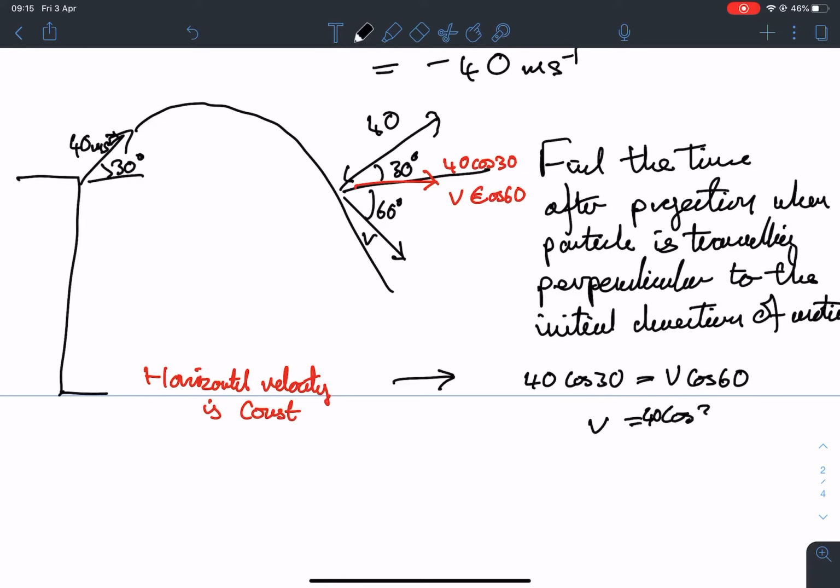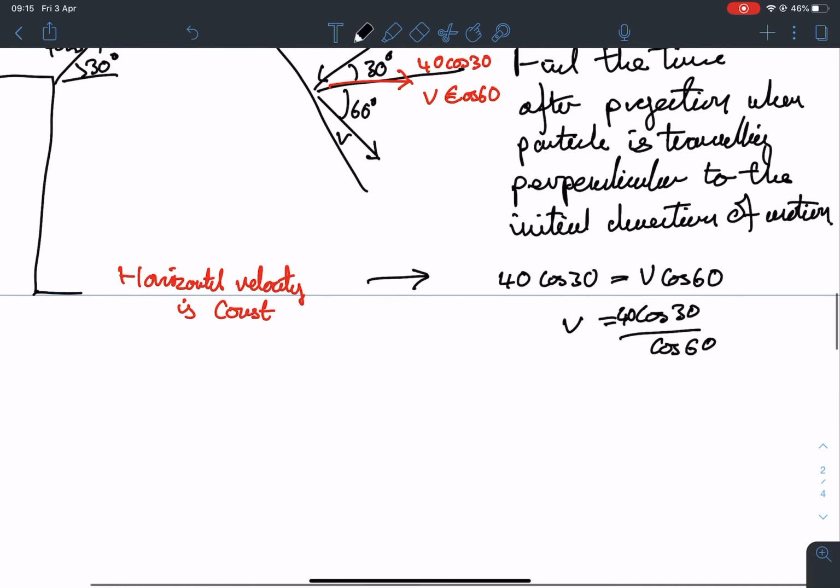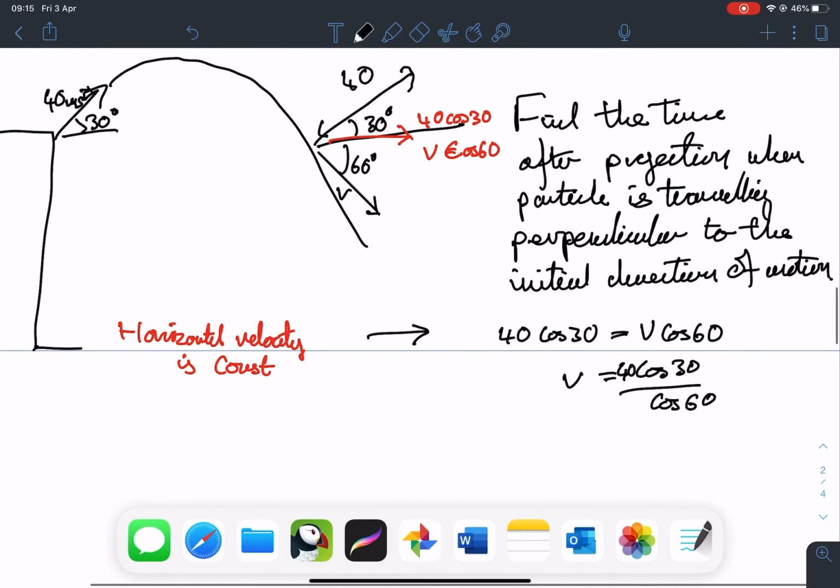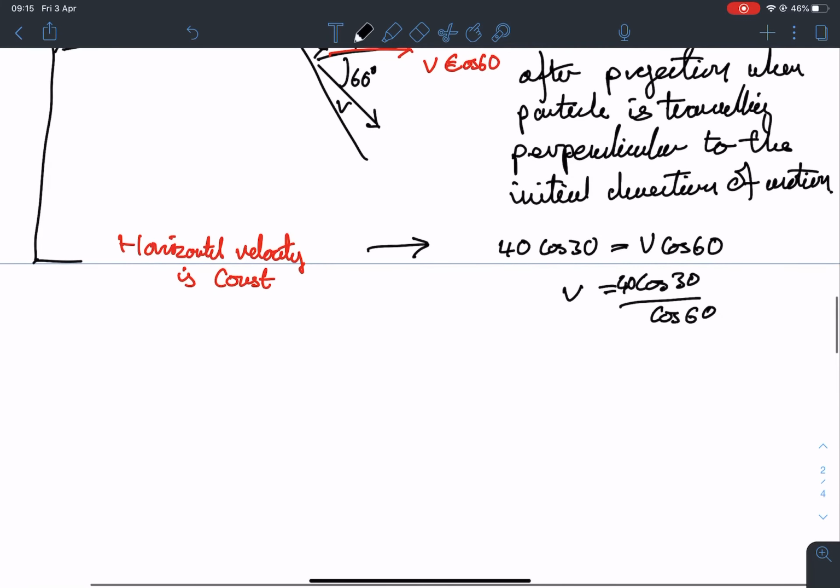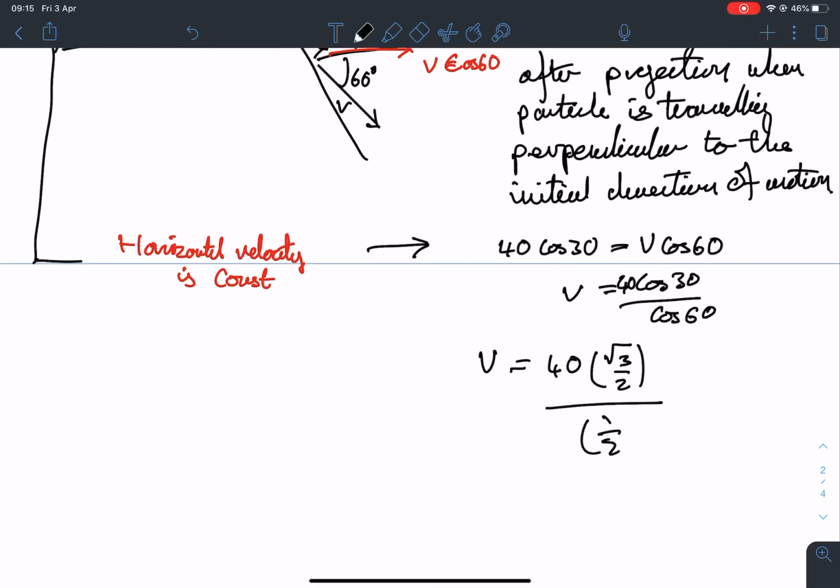So now if we're perpendicular, we've got a new speed, v, at 60 degrees. The key factor to remember here is that the horizontal speed remains unchanged.